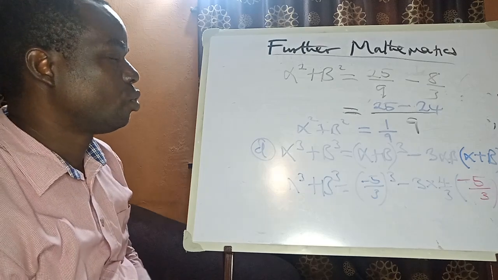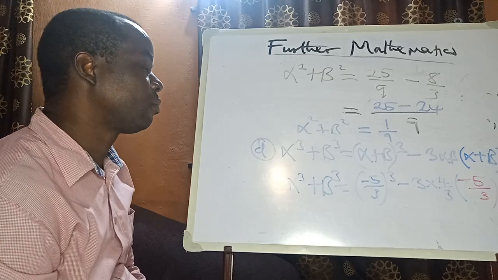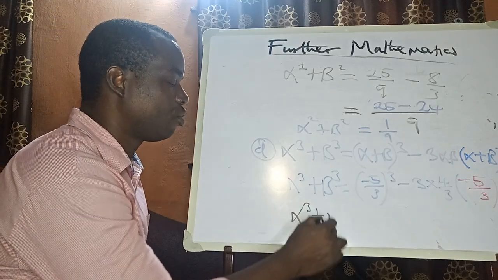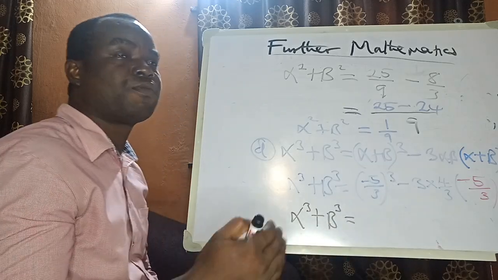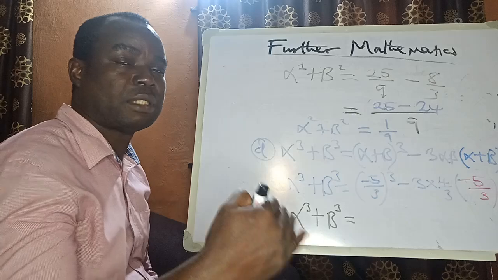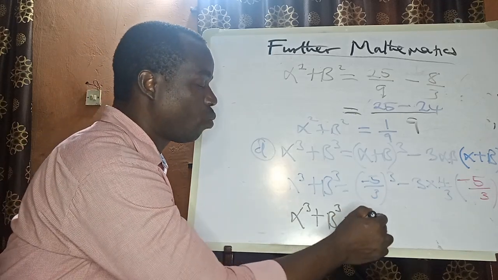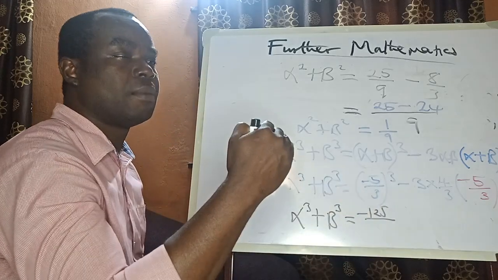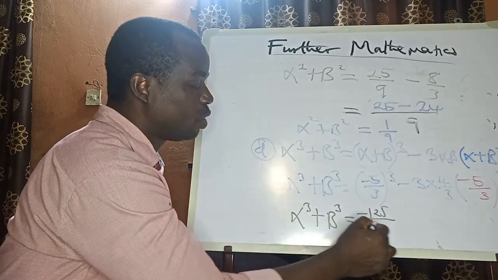Okay, so now let's break it down. So we have alpha cubed plus beta cubed. Minus 5 all cubed is minus 5 times minus 5 times minus 5, which is minus 125. 3 cubed is 3 times 3 times 3, which is 27.